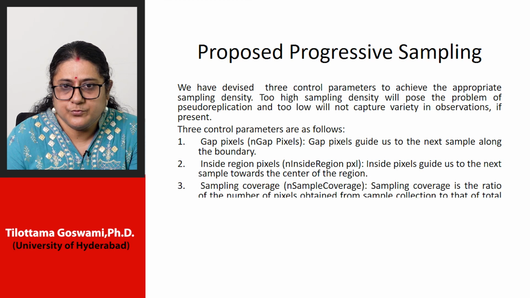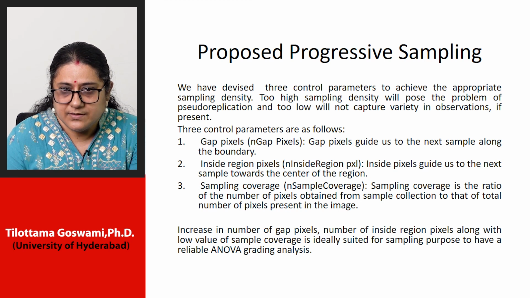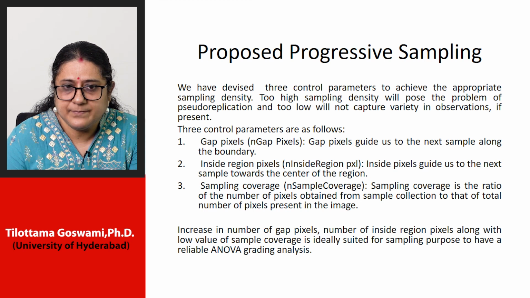The paper has proposed a progressive sampling to give a true representation of the population, and used three types of control parameters: gap pixels, inside region pixels, and sampling average, so that the sampling is well done for ANOVA grading analysis.